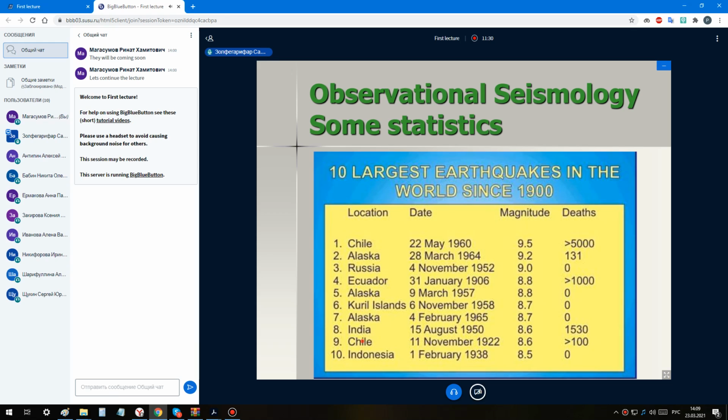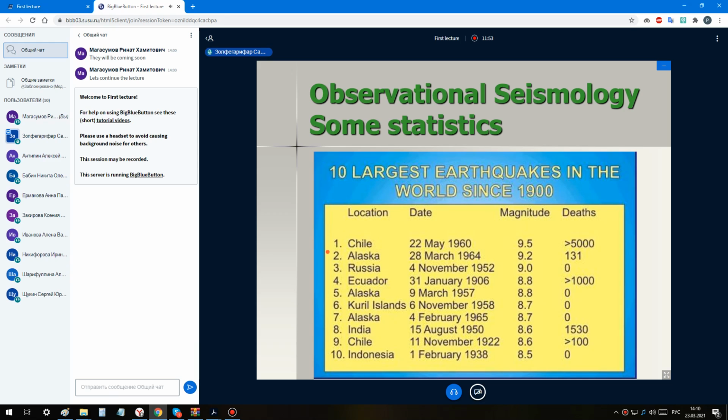In column 1 is the location of the earthquake, column 2 the dates, column 3 the magnitude of that earthquake, and column 4 shows the number of deaths in this earthquake.